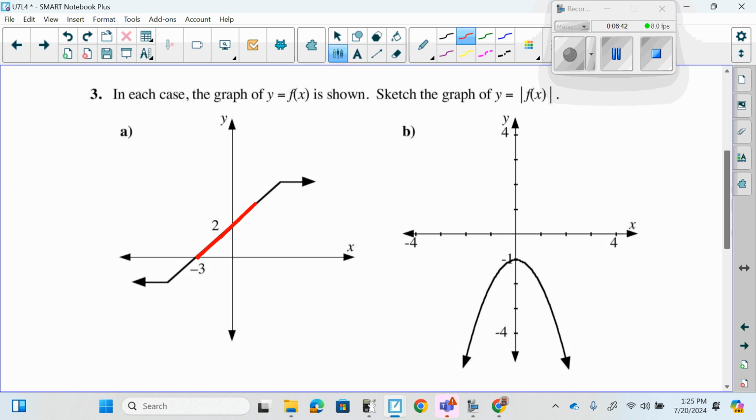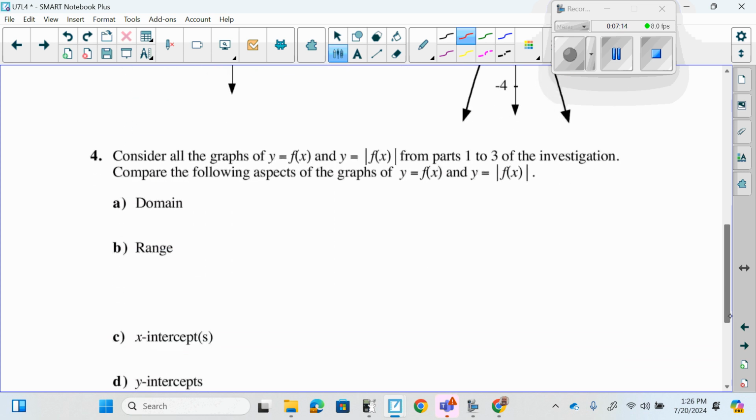Anything below the axis flips up. So this part is going to come boop, and then to the side there, right? Because all of these points would just flip up. If I was drawing this, all of it's below, so all of it reflects. Again, when it says sketch, that just means approximately the right shape. If it said plot, that means points need to be represented accurately.